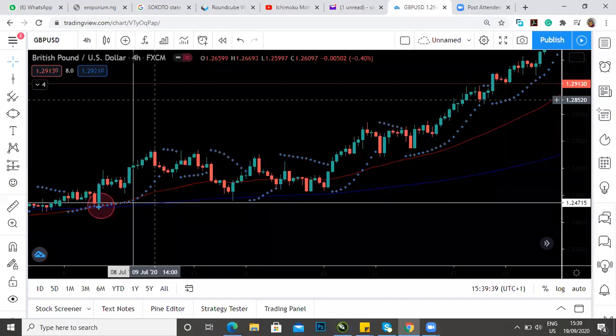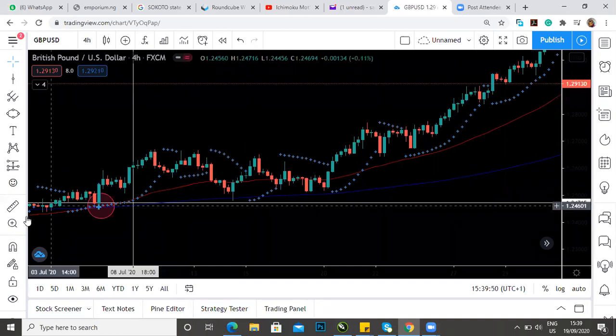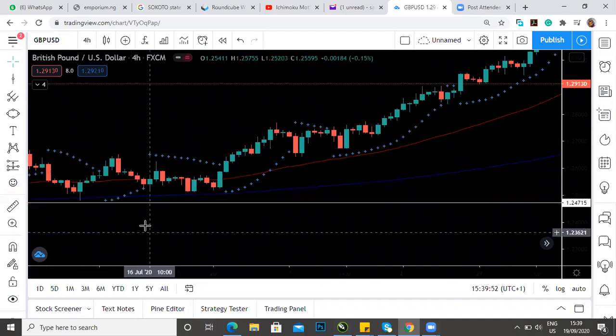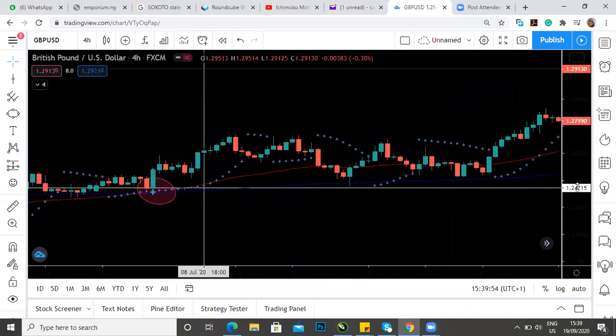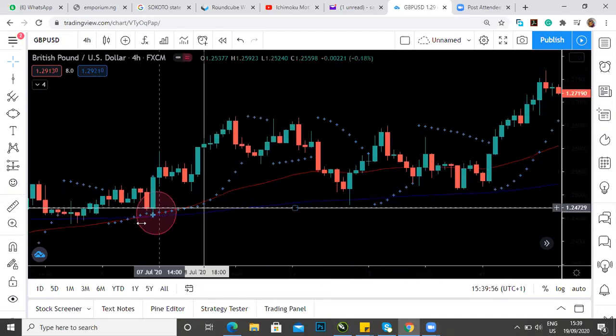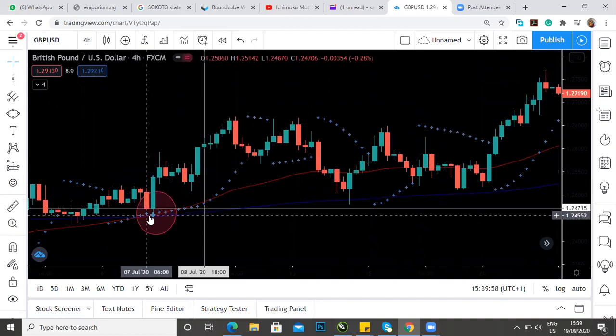Let me pause. We understand the EMA, the MA cross, and how to implement the SAR to bring it onto our live chart. So now, when you want to enter into a trade, this is when the cross came in.